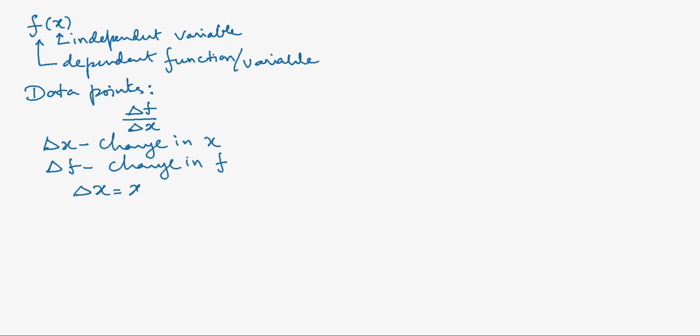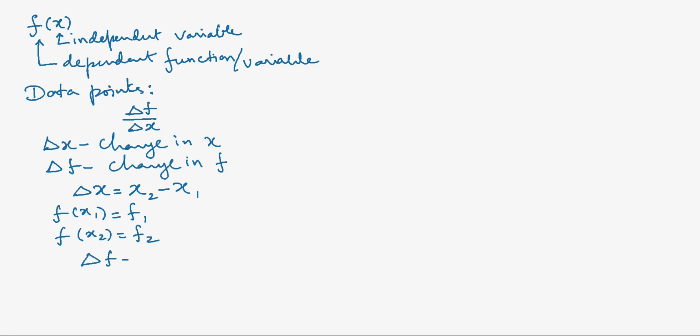Delta x could be the second point minus the first point, and correspondingly we calculate f of x1, let's call that f1, and f of x2, which could be f2.